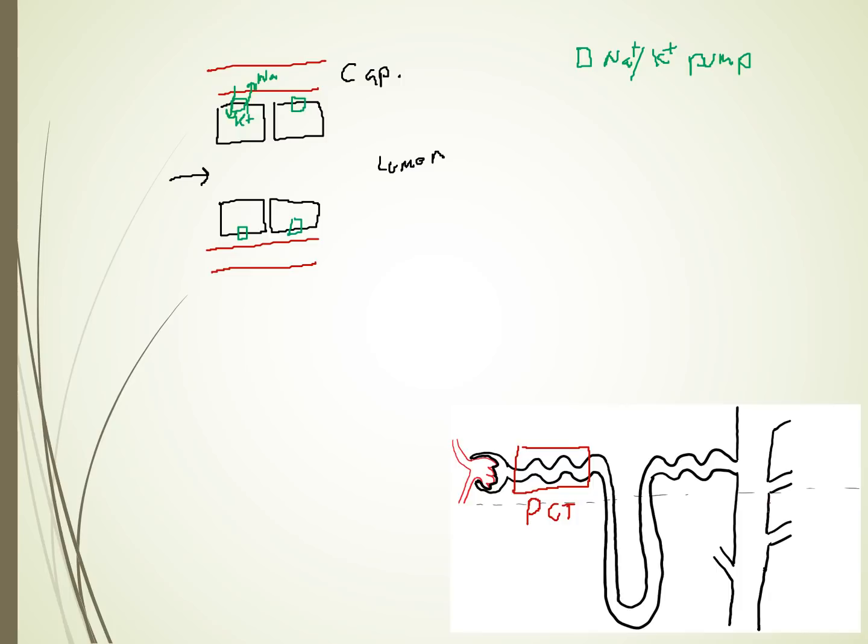Thus, any sodium located here in the lumen that has been filtered is going to want to make its way into the cell down its concentration gradient. We use the ATP required to power the sodium-potassium pump to create a gradient, so that the potential energy of sodium inside the lumen will help to drive in some of these other solutes.